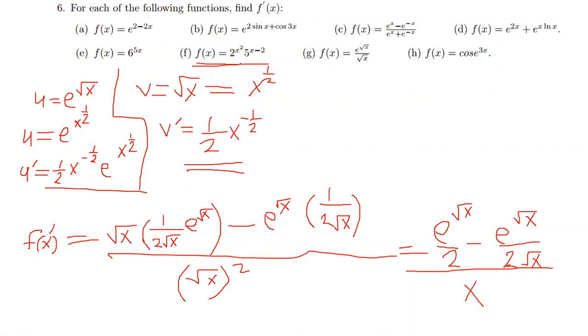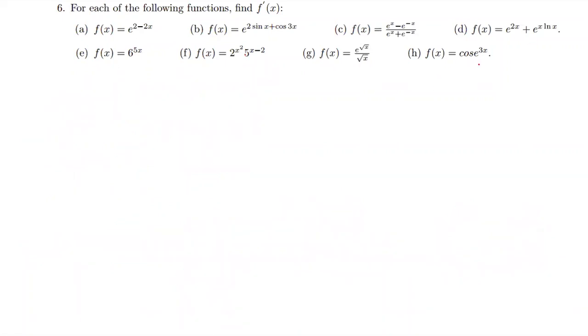So the last question there is cos e to the power 3x. So f of x is equal to cos e to the power 3x.